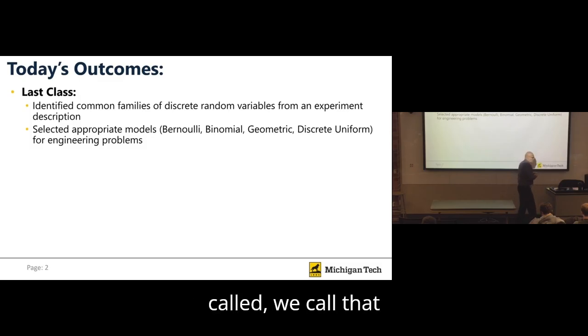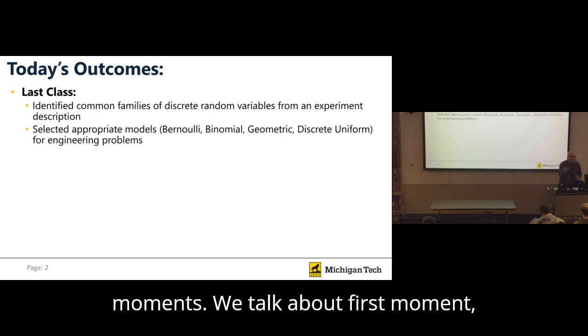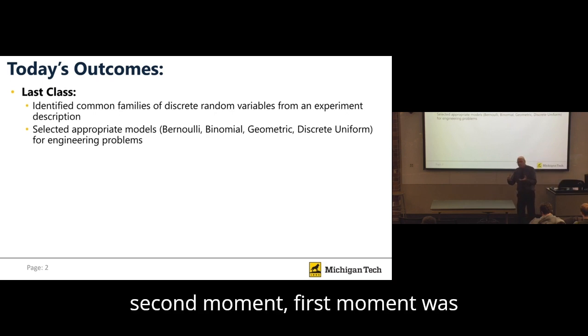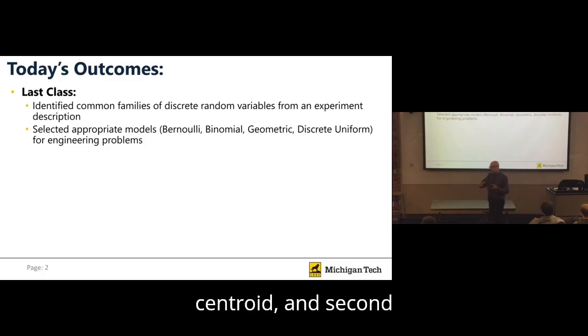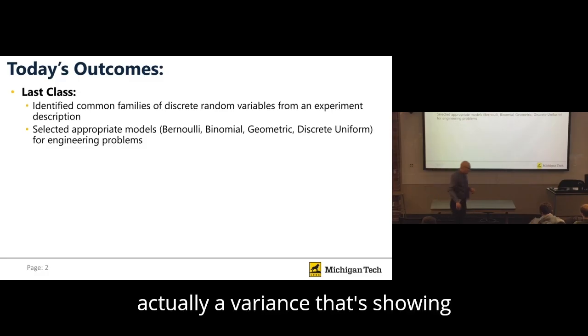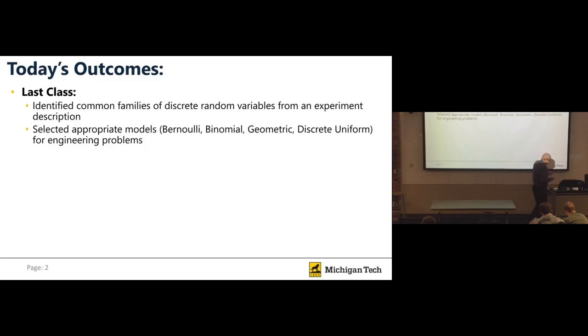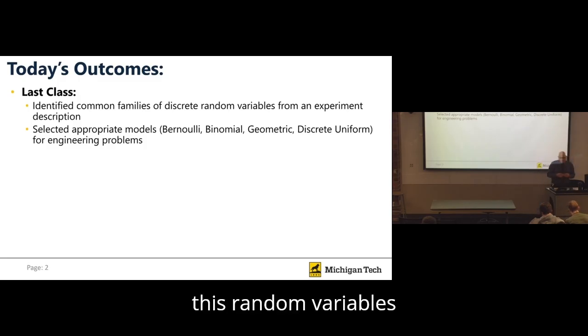We call those moments. We talked about the first moment and second moment. The first moment was the centroid, and the second moment was the variance, which shows how these random variables spread or vary around the mean.